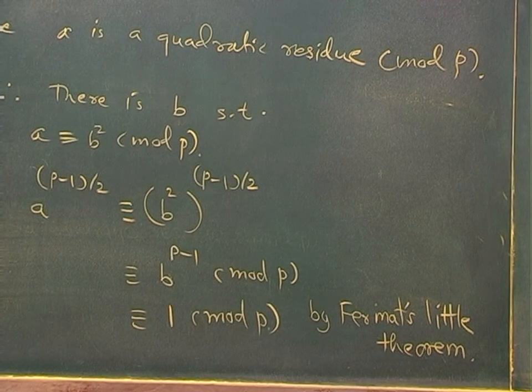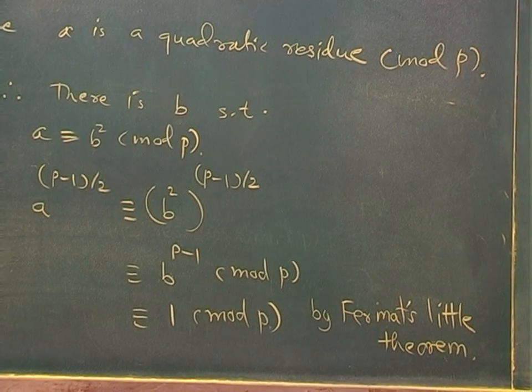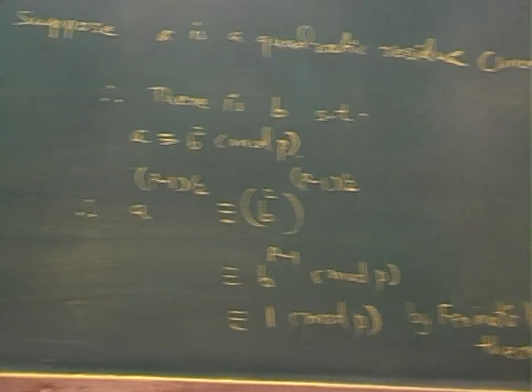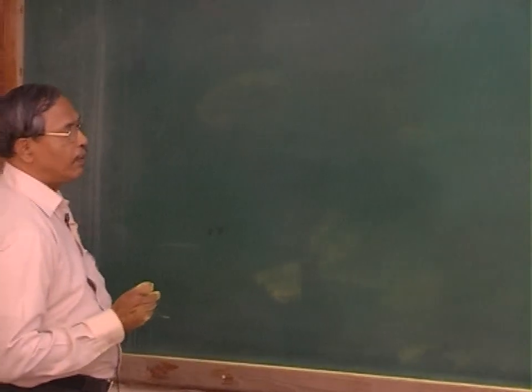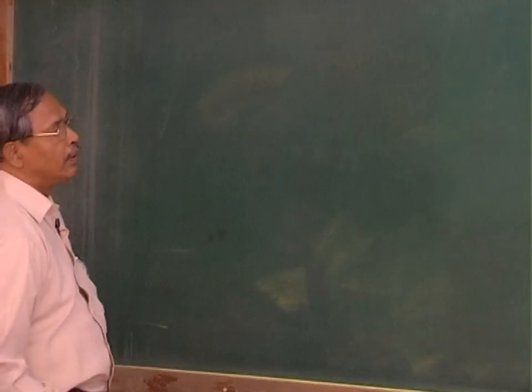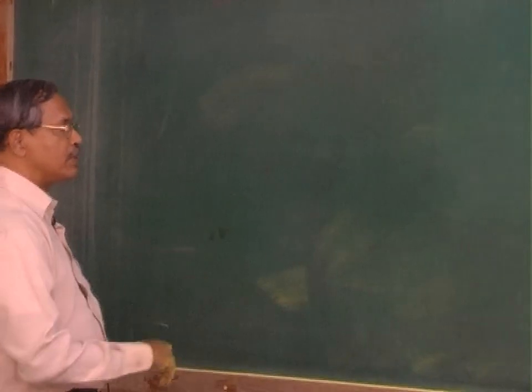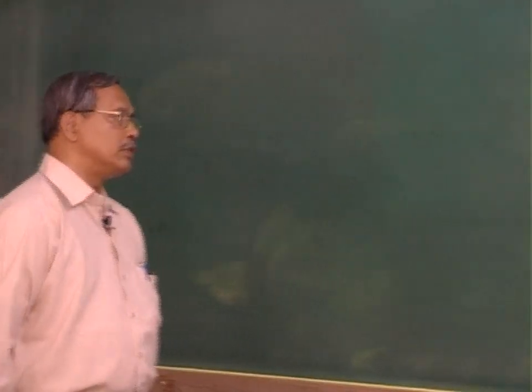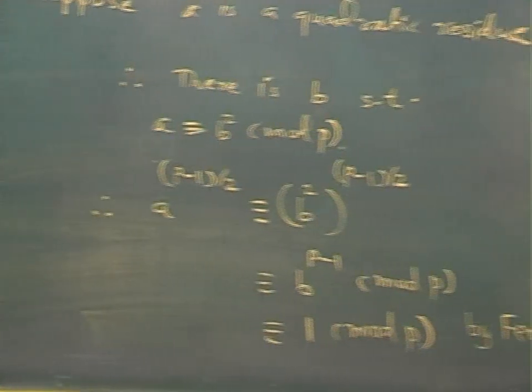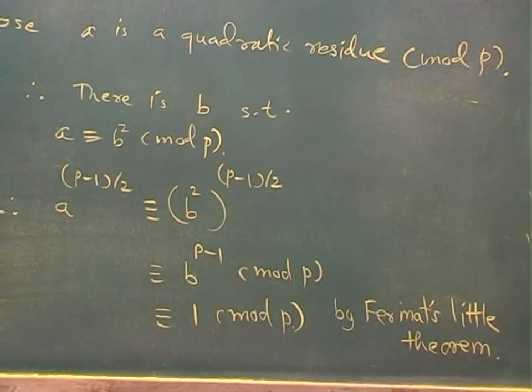Okay, now suppose A is not a quadratic residue mod P. So if it is a quadratic residue, then A raised to (P minus 1)/2 is congruent to 1 mod P. You can also do it this way: suppose A raised to (P minus 1)/2 is congruent to 1 mod P. Then we show that A is a quadratic residue.